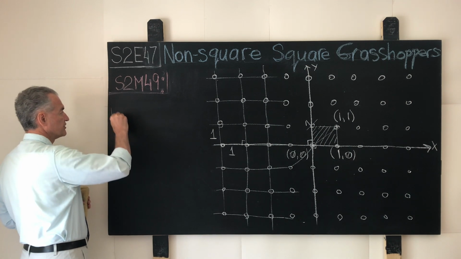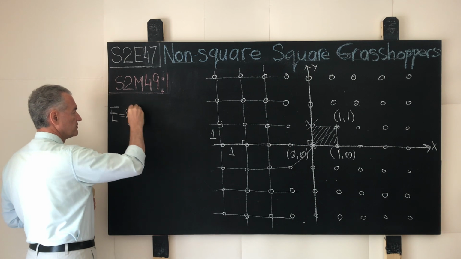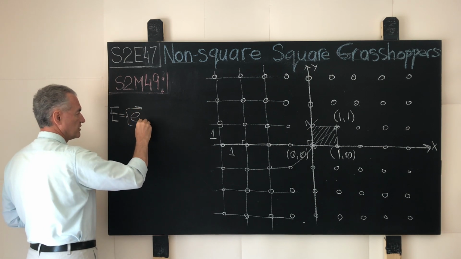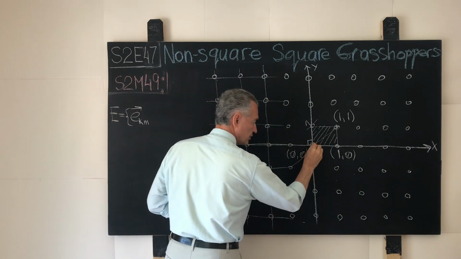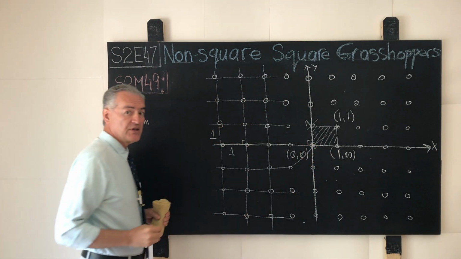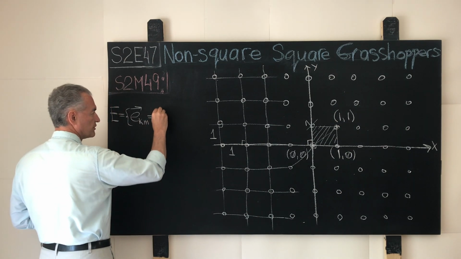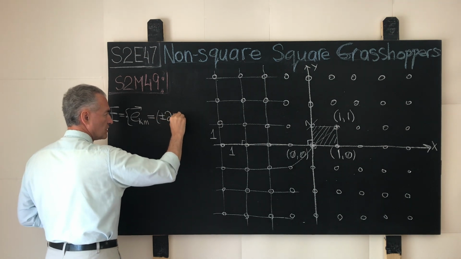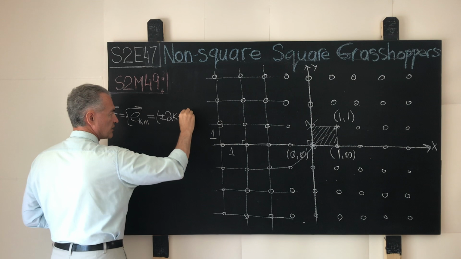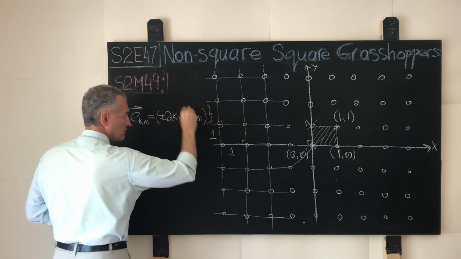Well, let's call it the set E. And these are all the even vectors E(k, m) that have their origin fixed at the point (0, 0), but their terminal point will have the following coordinates: plus minus 2k and plus minus 2m.